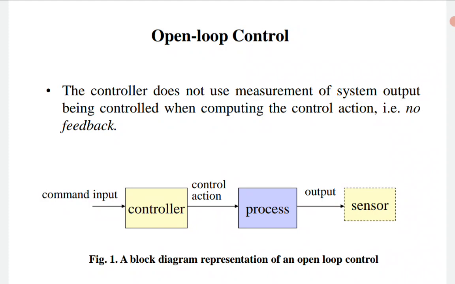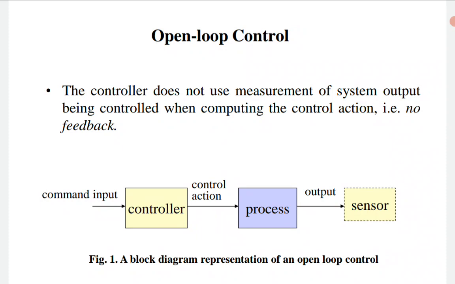The command signal is provided and passes through a controller, the corresponding control action is performed, the result is processed to generate the respective output, and it is sensed by a sensor.